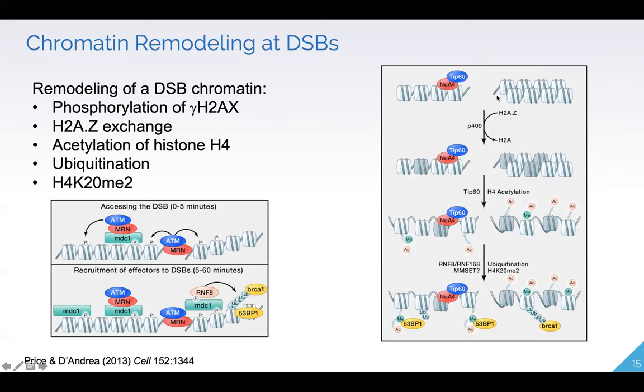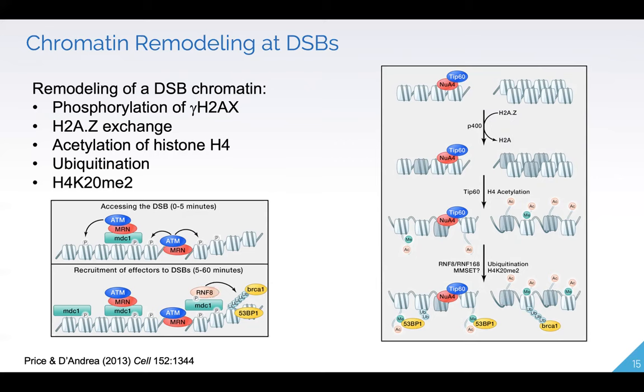So one example is another modification on histones, where the cell replaces the normal H2A histone with a different variant called H2AZ. That's an important variant of histone that allows for the relaxation of the chromatin around the double-strand breaks, and that helps recruit different factors again.